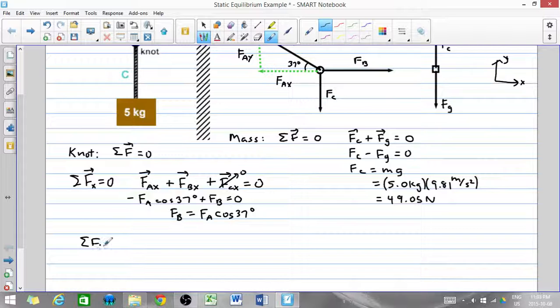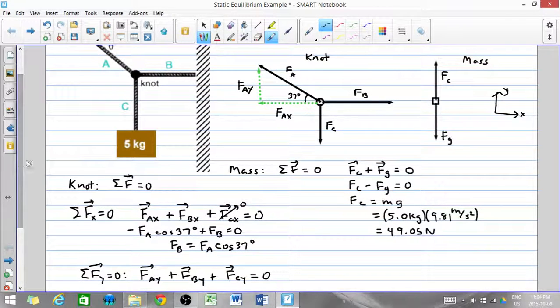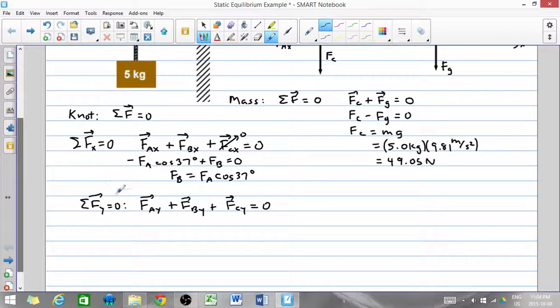So all the y components also have to add up to 0. Formally here we write FAY plus FBY plus FCY equals 0. So your y component of force A, it's up, so it's positive, and it's opposite the 37-degree angle, so we're going to use the sine of 37 degrees.